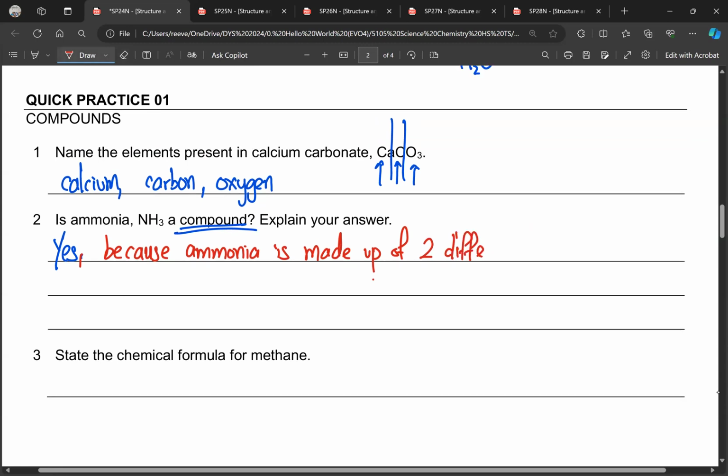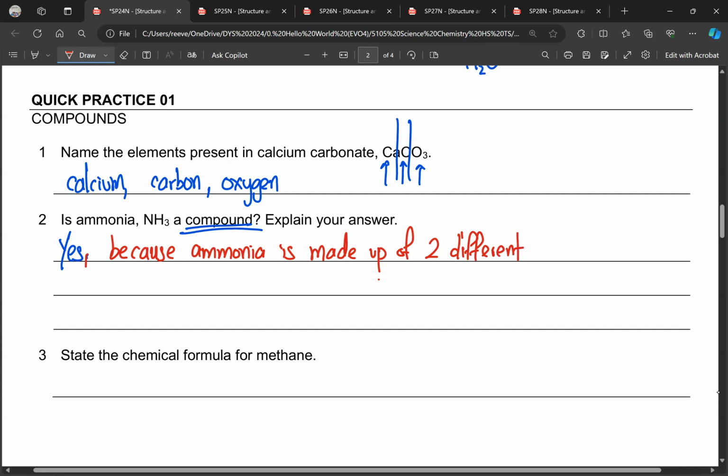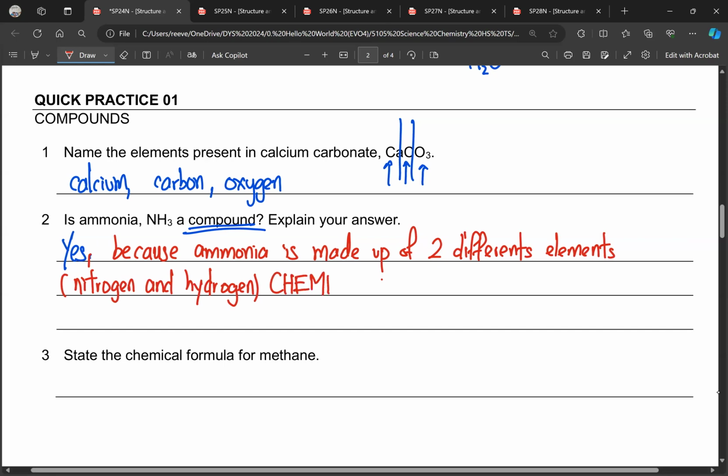If you can tell me the two elements are nitrogen and hydrogen, that will be very good. It's made of two different elements chemically combined. I must see the word chemically combined. It's a keyword.